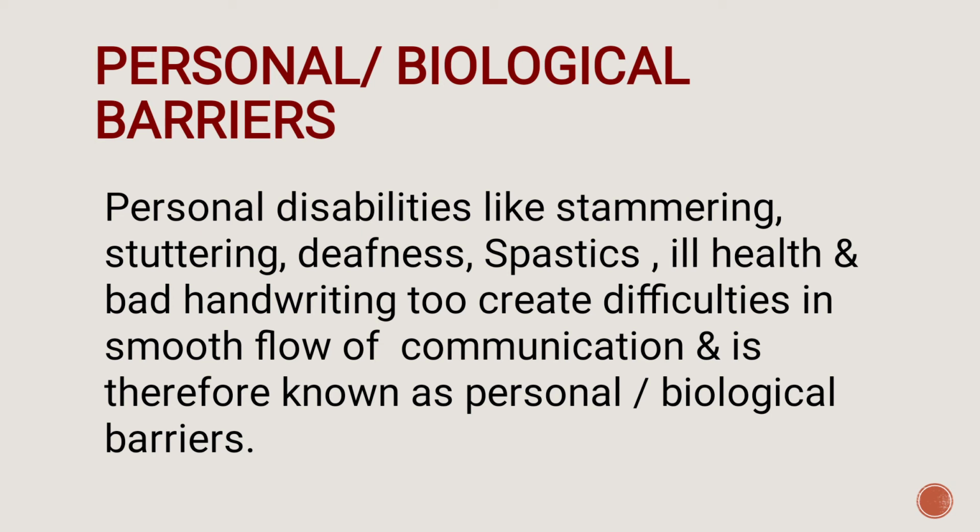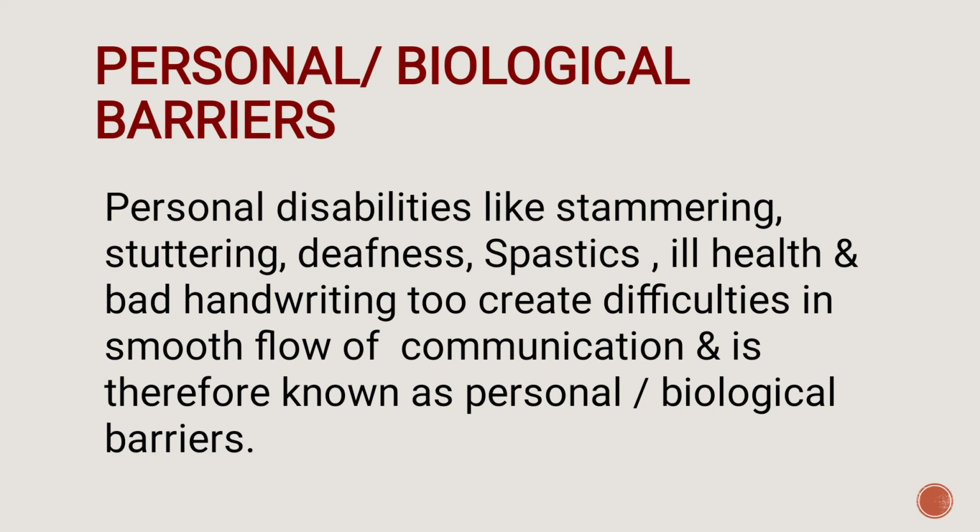Now, the second element of physical barriers is personal or biological barriers. Let's just see what all fall under it. So, personal disabilities like stammering, stuttering, deafness, spastic, when you don't have firm limbs and it becomes difficult for you to write, you are a slow writer.